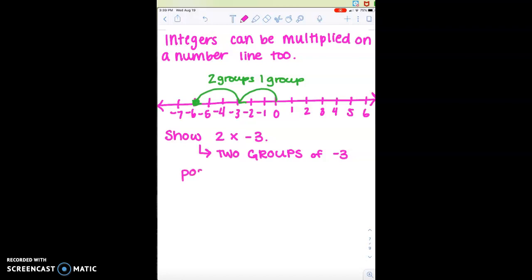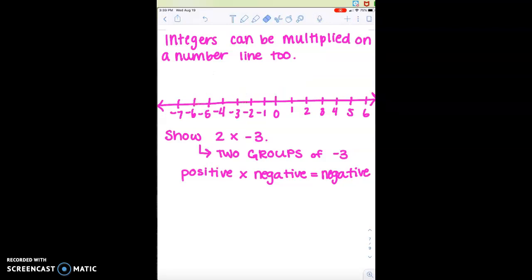Maybe looking at the type of numbers you have, you come to the conclusion that a positive number times a negative number gives you a negative answer. We've proven that that's true, and that's actually going to be our first rule that we learn. A positive times a negative gives you a negative.